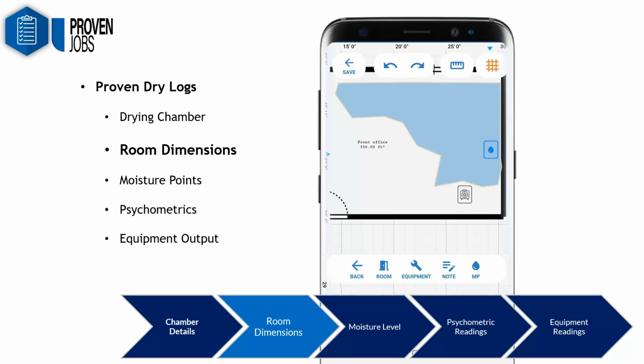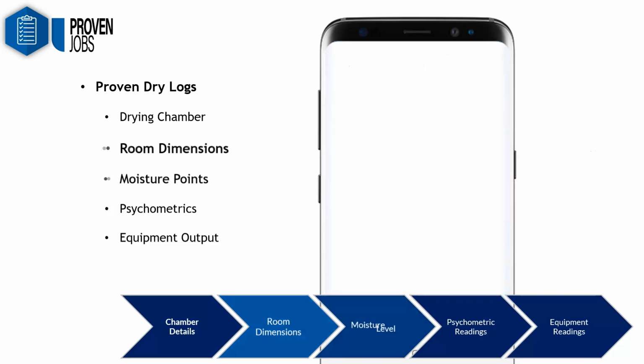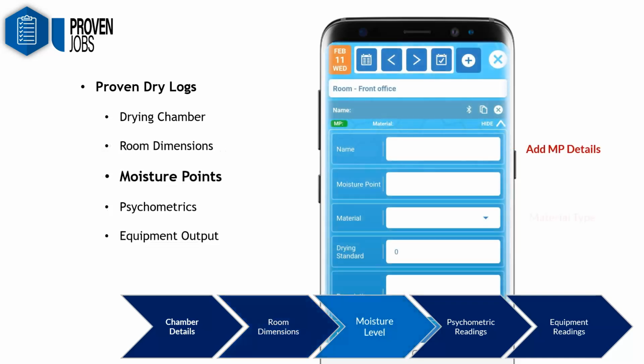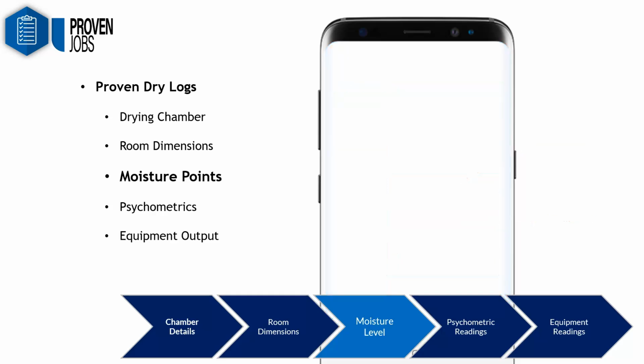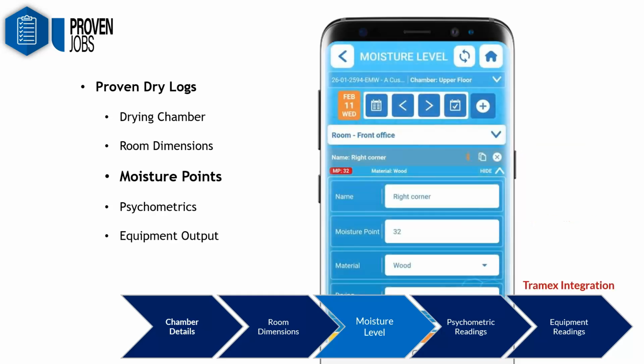A moisture point can identify where the reading was taken and provide detail for the same location to be measured consistently for future visits. Once I've added the moisture point, if I select it, it will pop open to allow me to add moisture point details, material types, etc. from the drop-down menu. Once that material type has been chosen, it will automatically populate that drying standard.